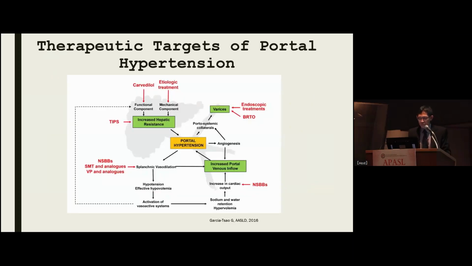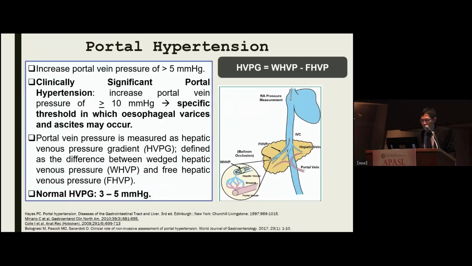And mostly we give our patients treatment to reduce the portal pressure. Now the concept is changing, and we start to use carvedilol, instead of the standard old non-selective beta blocker, because carvedilol, based on most studies, seems to be a better drug. So with portal hypertension, the most important thing is to detect patients with clinically significant portal hypertension, where the portal pressure is increased to more than 10 mmHg, a specific threshold at which esophageal varices and ascites may occur.